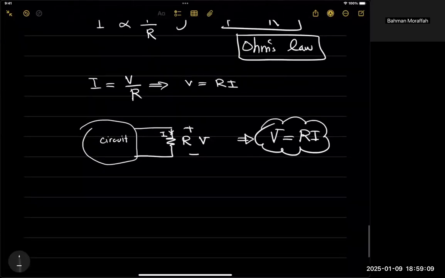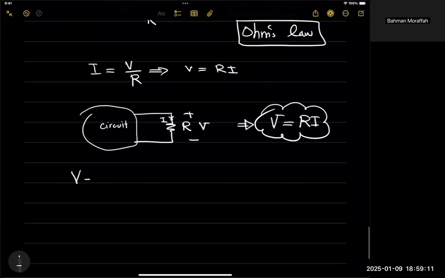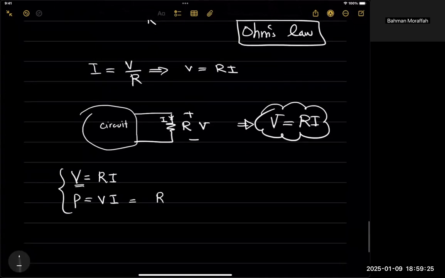If you recall, we know V equals R I. We also know power is equal to V I. So if I plug this V in here, what do I get? I get R I times I. So it turns out P is R times I squared. Again, remember this formula only is true for a resistance, right?